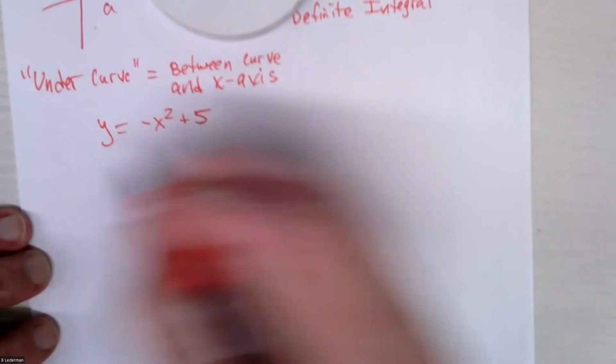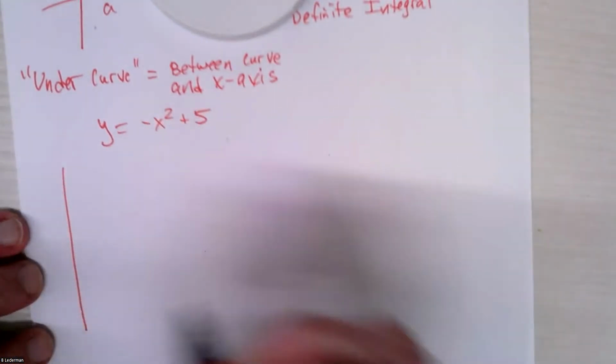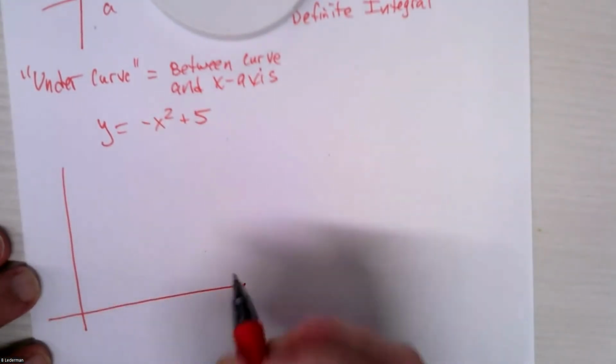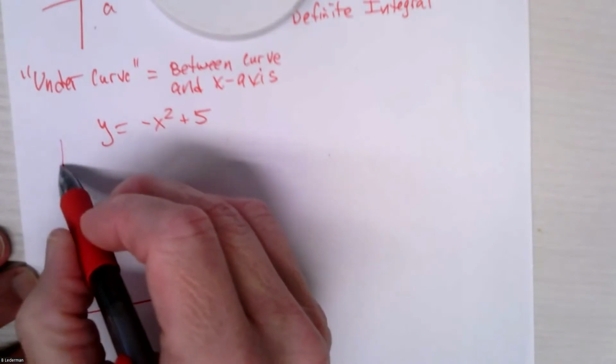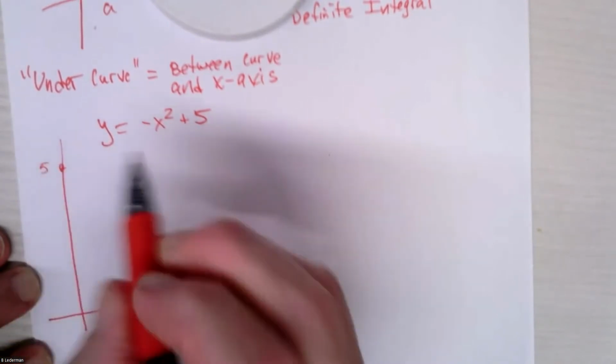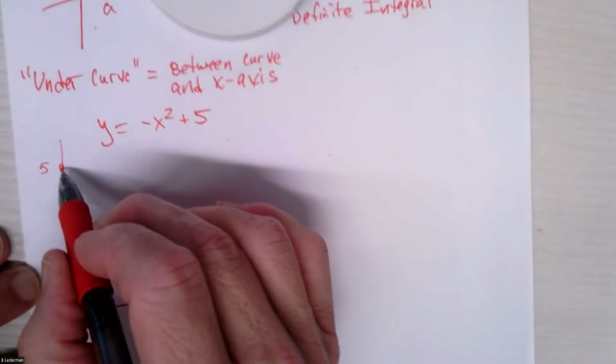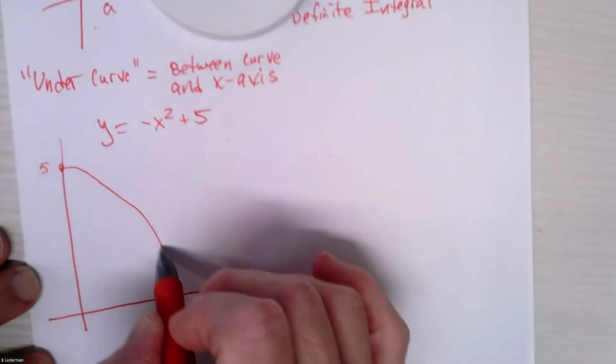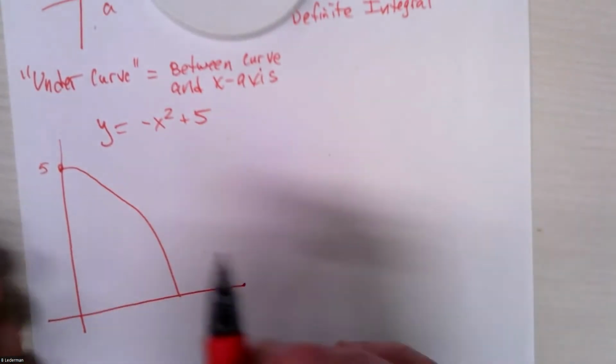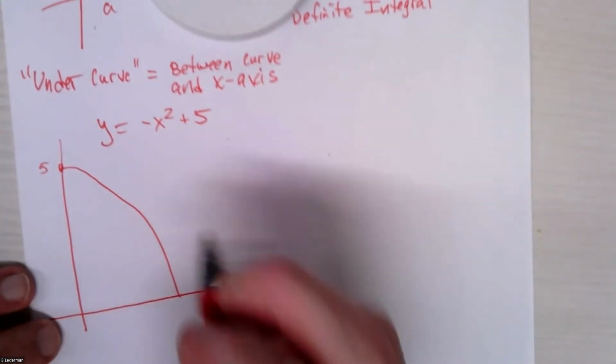I'm going to graph it. It starts up here at 5, and it goes all the way down, forever. But I want to look at the area under the curve.